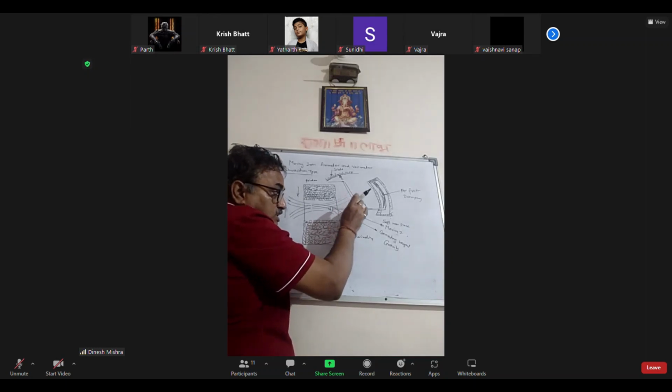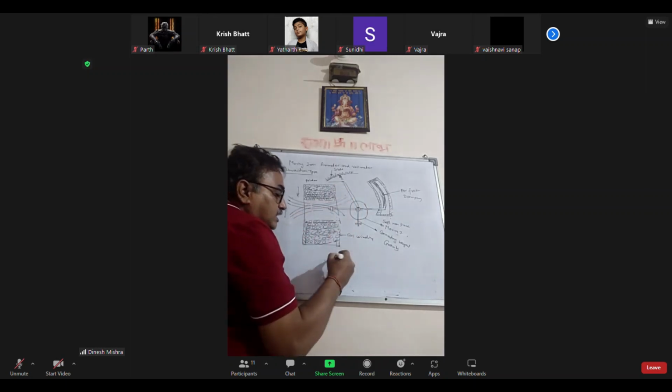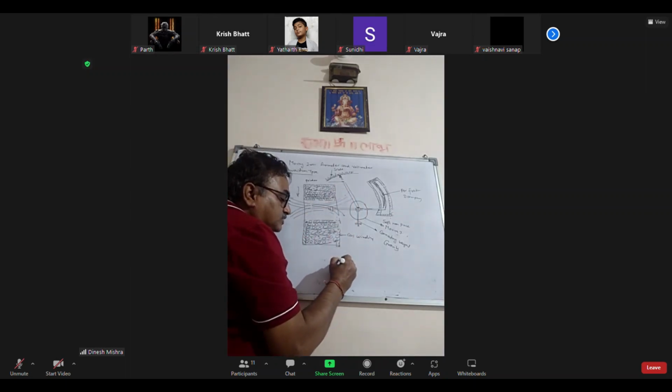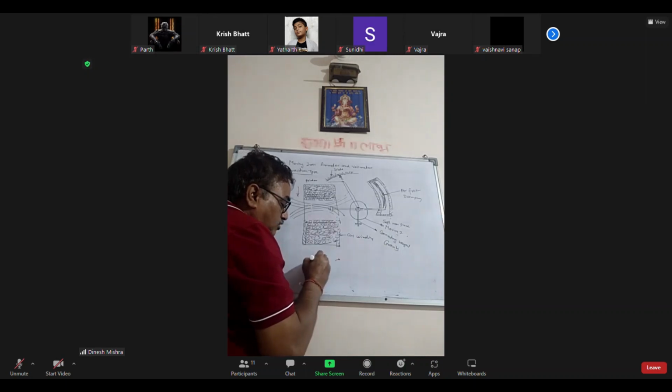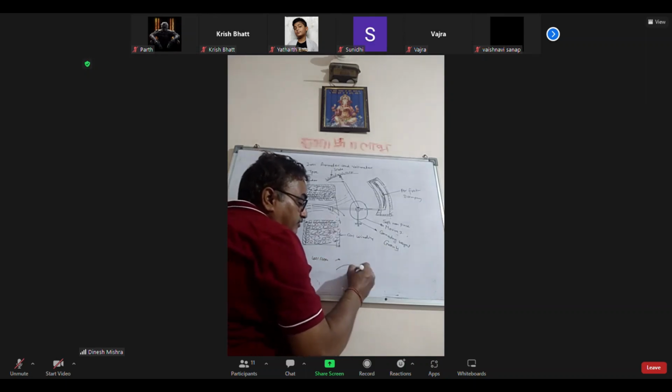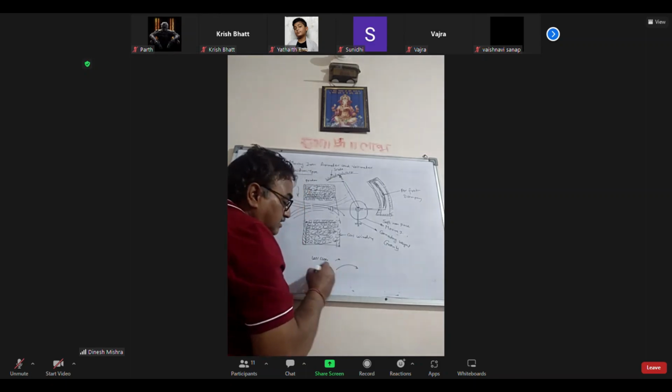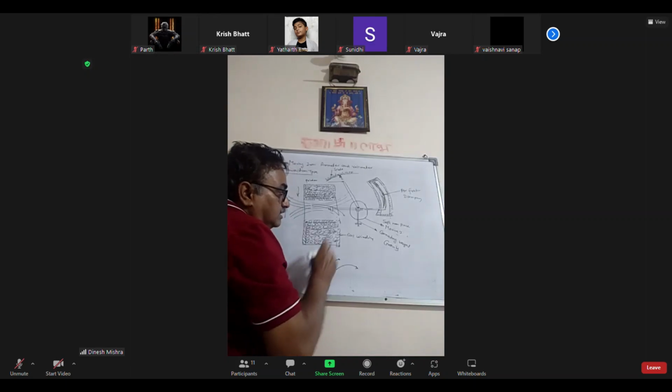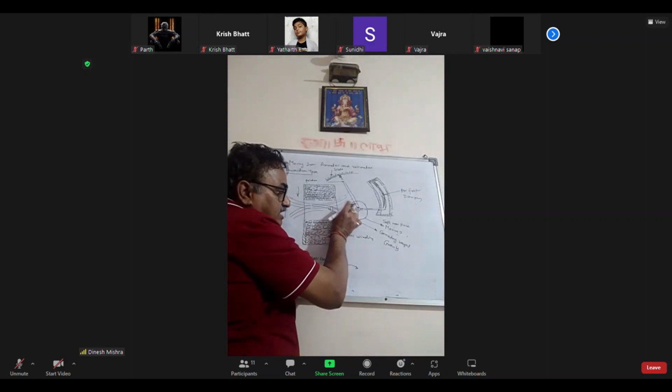The torque produced in this coil is very less, so it will give a very slow deflection. If the current is more, then it will deflect on a large scale. Understand? Less current will deflect a very small distance. More current will deflect more distance.